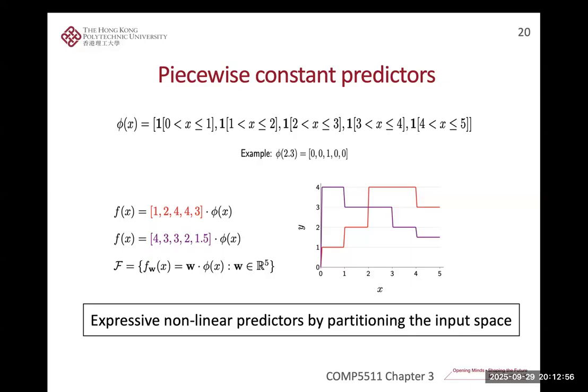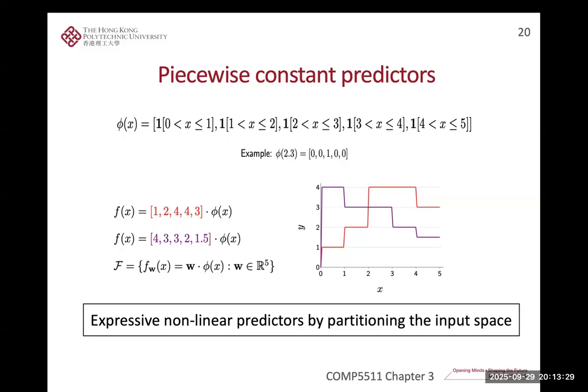This is how we visualize the training data we have. If the data is located in the first region, the red line here corresponds to the corresponding weight vector. This is a piecewise constant. Each region is a constant. So we can design a corresponding weight vector to build this kind of piecewise constant predictor.